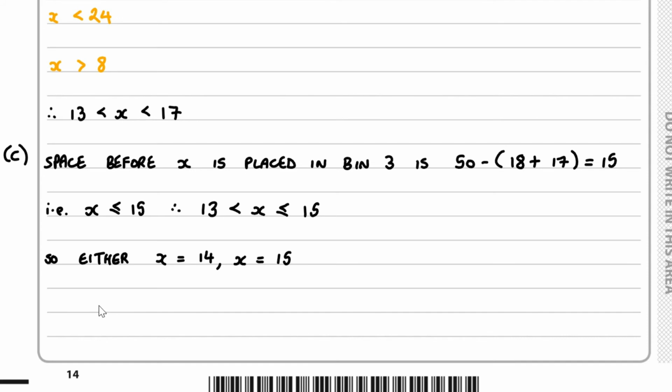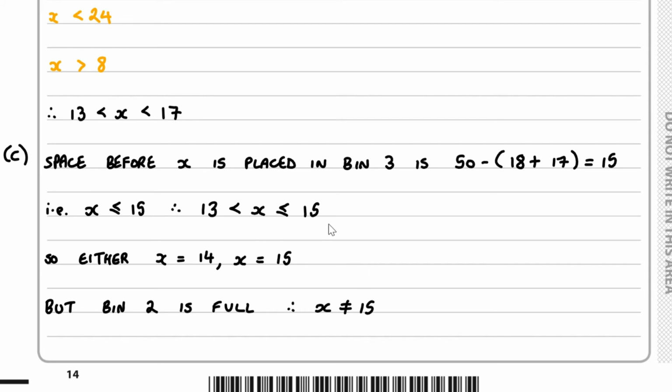But we know bin 2 is full. But bin 2 is full, and therefore x cannot equal 15.